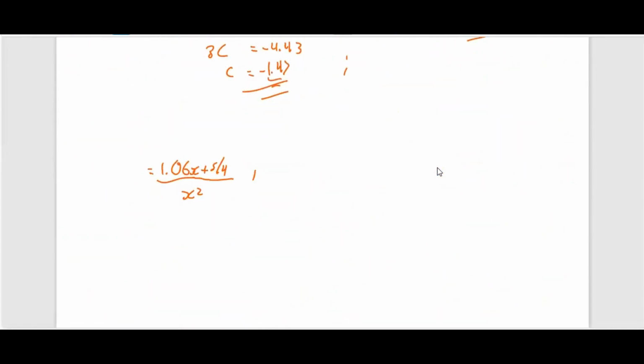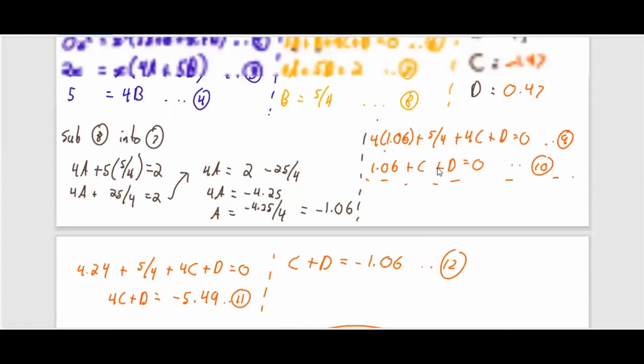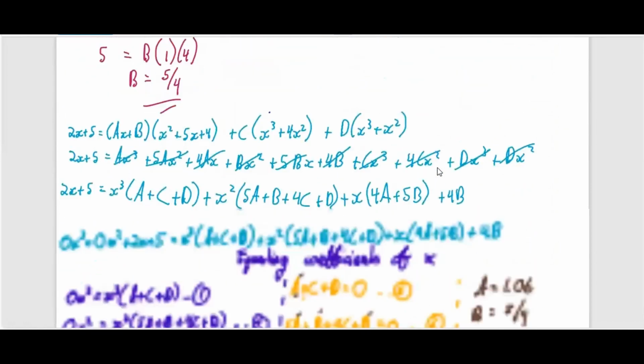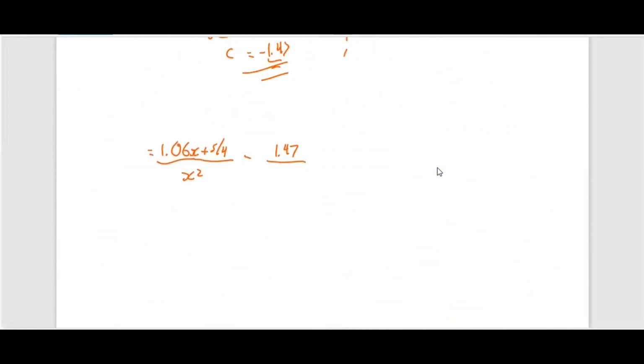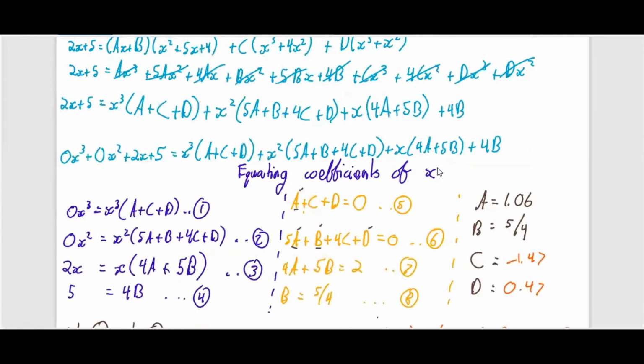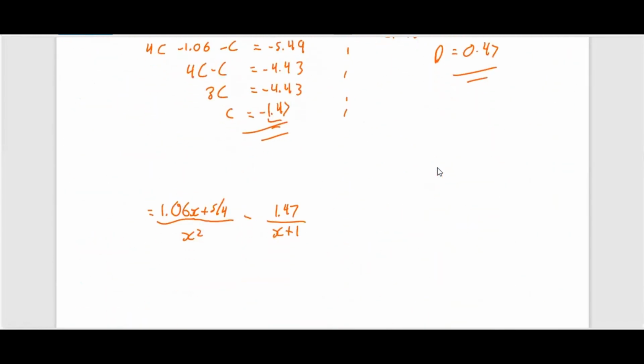So that'd be minus 1.47. What was the root for C? x plus 1. And I think the other one was minus. Oh, this x here. That'd be plus 0.47 over the root for it, which is x plus 1. All right, so that'll be the answer right there.